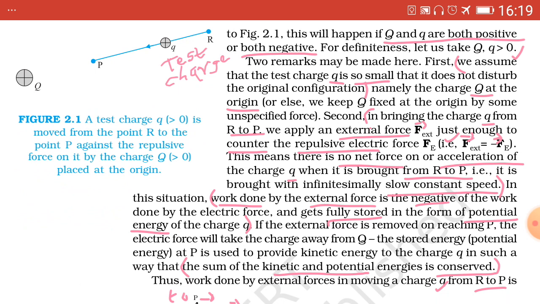It is brought with slow constant speed, and we have to calculate the work done by the external force, which is the negative of the work done by the electric force, and gets fully stored in the form of potential energy of charge q, that is small q.